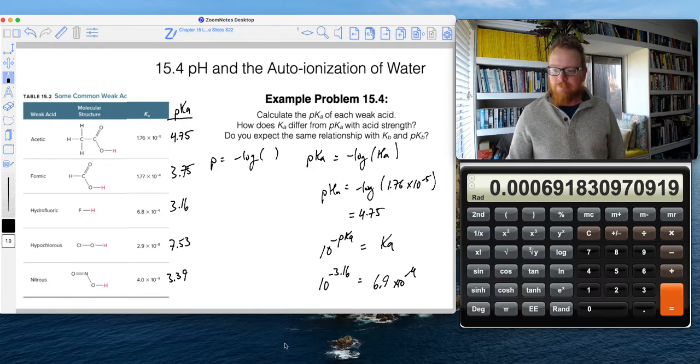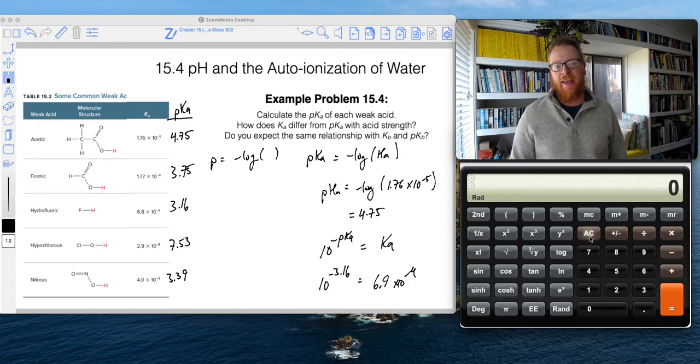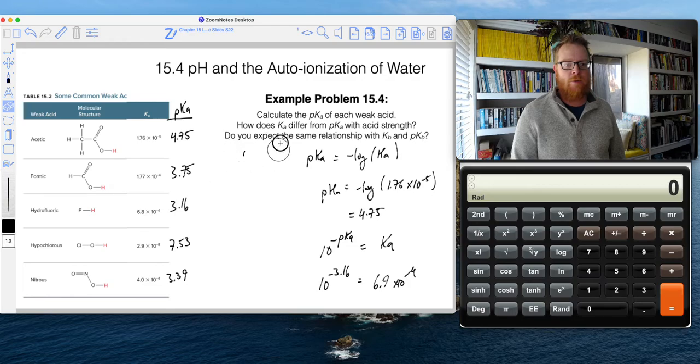Okay, so now, how does that trend compare to the Ka trend? Well, we remember when we were trying to rank these things in terms of their strength, I'll put this little category right here. Let's move this over.